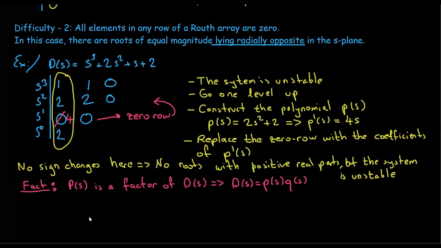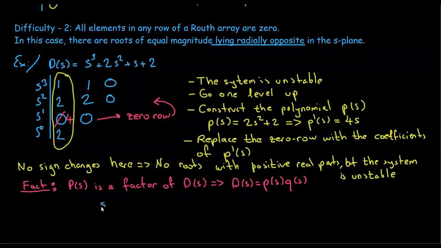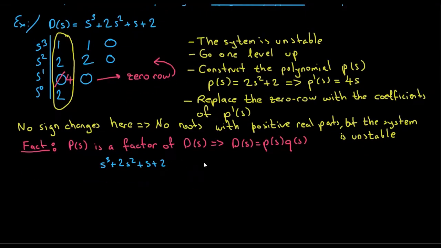I will write D of s here, which was equal to s cubed plus 2s squared plus s plus 2. And I divide it by P of s, which was equal to 2s squared plus 2 in our example.